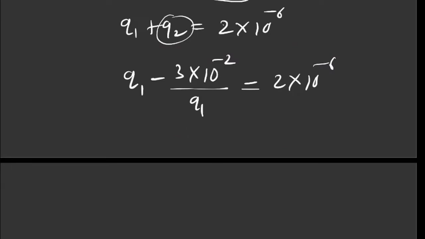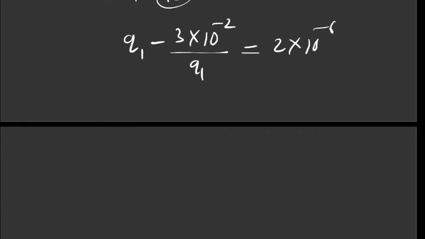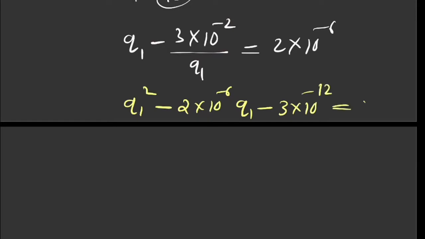Can I write this equation like this? So this equation becomes q1 square minus, when you bring this to this side, it becomes minus 2 into 10 to the power minus 6 into q1, minus 3 into 10 to the power minus 12 is equal to 0.